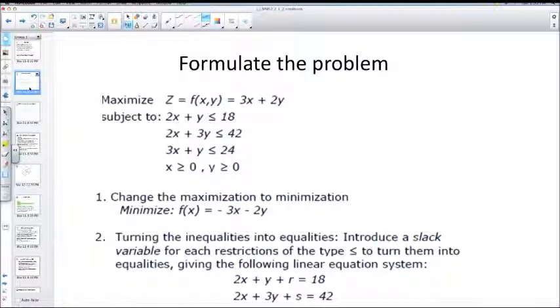So we write the standard equation. First, our goal is to maximize the profit, which is 3x, because crop X sold by 3K per ton, plus 2y, and crop B sold by 2K per ton. The first inequality is the land constraint, we have 18 acres of land.